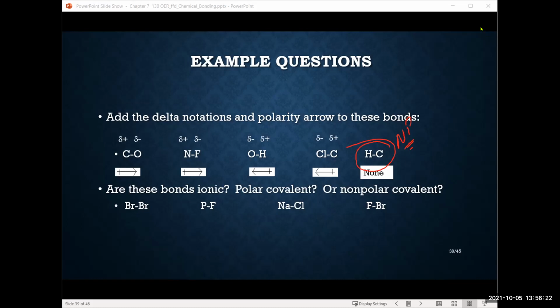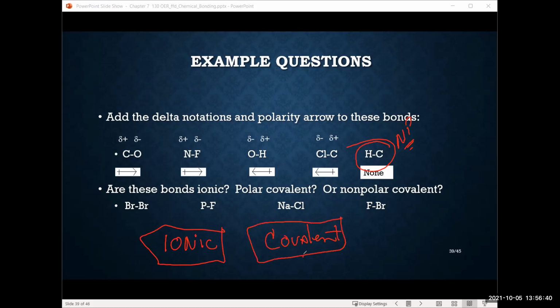Let me rehash this before we go any further to make sure you got this. We have the ionic bond, and then we have the covalent bond. Underneath the covalent bond, we have the nonpolar bond and the polar bond. In covalent bonds, there is sharing of electrons. In ionic bonds, there is no sharing of electrons.